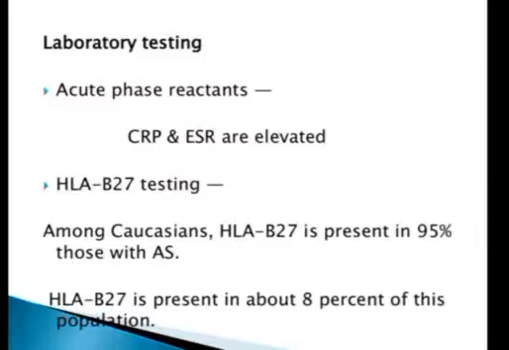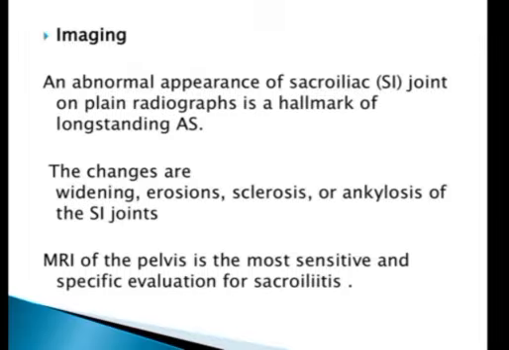HLA-B27 testing: among Caucasians, HLA-B27 is present in 90% of those with ankylosing spondylitis. HLA-B27 is present in about 8% of the general population. A major test is the abnormal appearance of the sacroiliac joint on plain radiographs, which is a hallmark of long-standing ankylosing spondylitis.